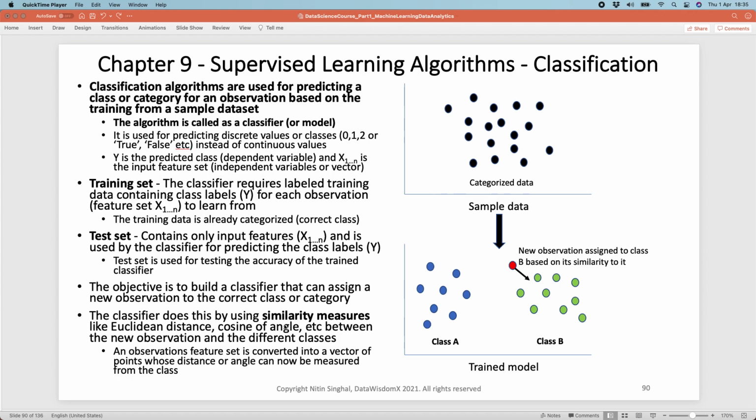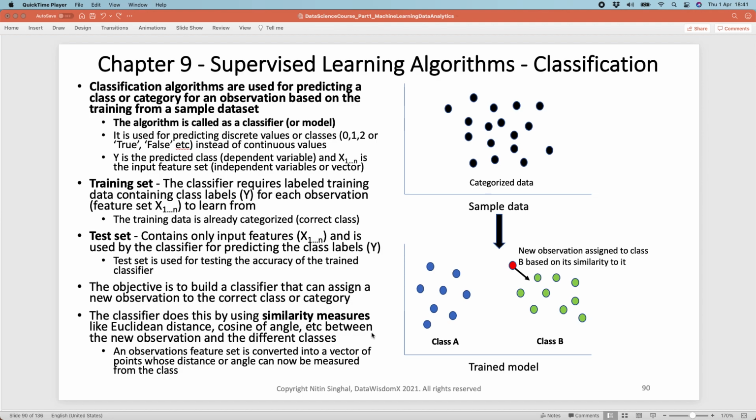And what the cosine of the angle similarity measure does is it ignores the magnitude of the line and instead looks for similarity based on the angle. So if two lines are very similar in terms of their angle to the base or the x-axis, there is some amount of similarity in them.